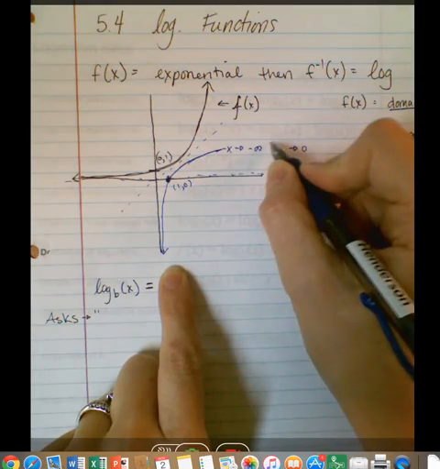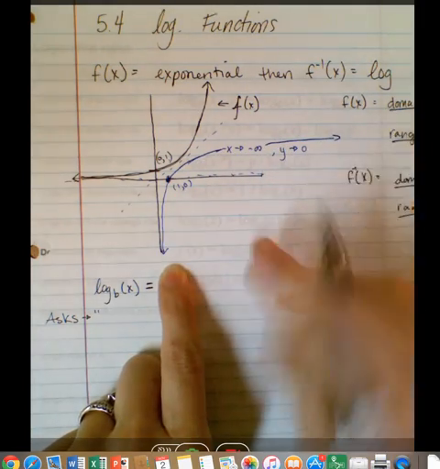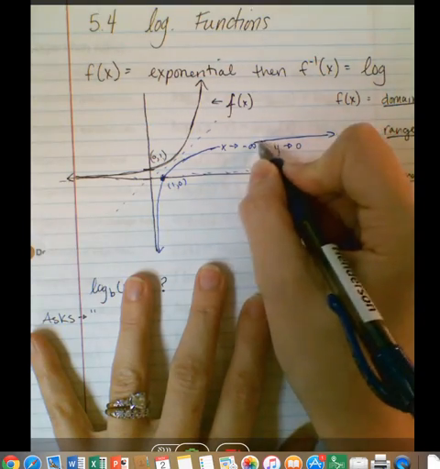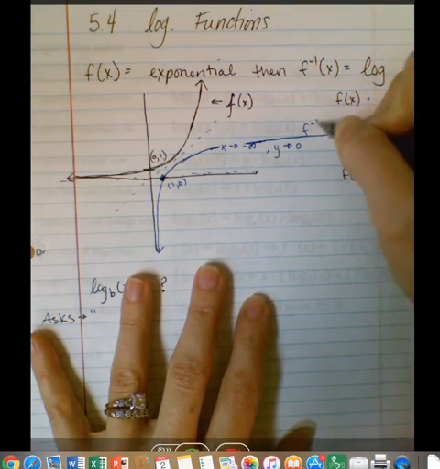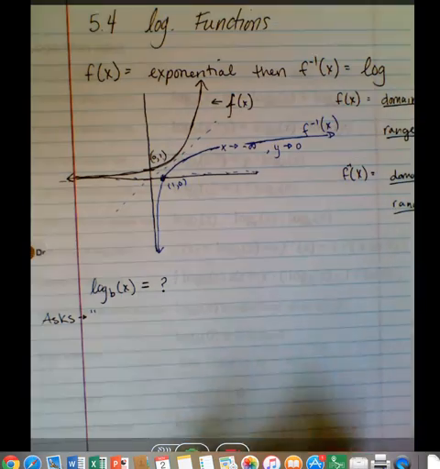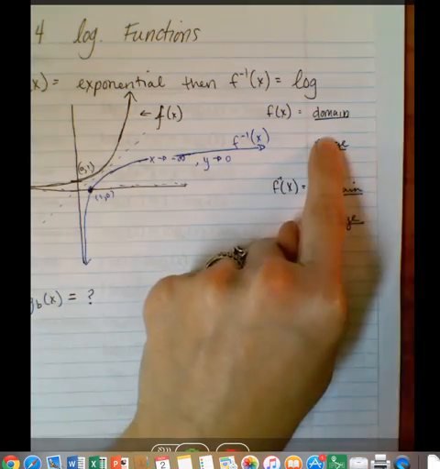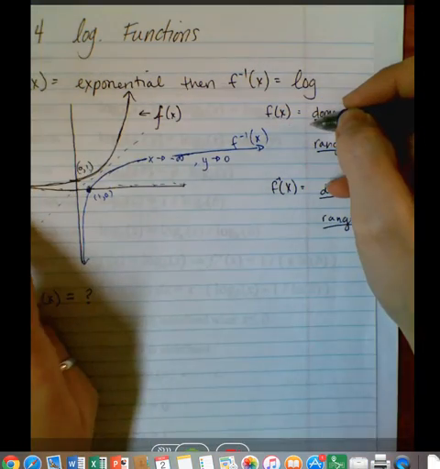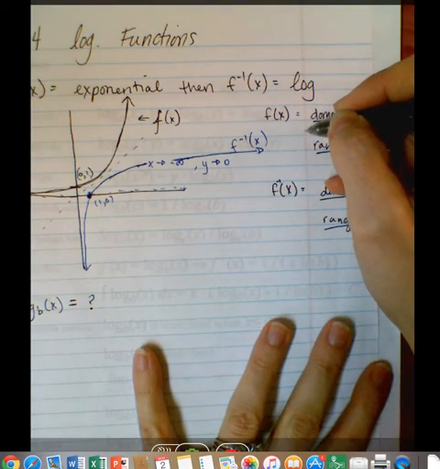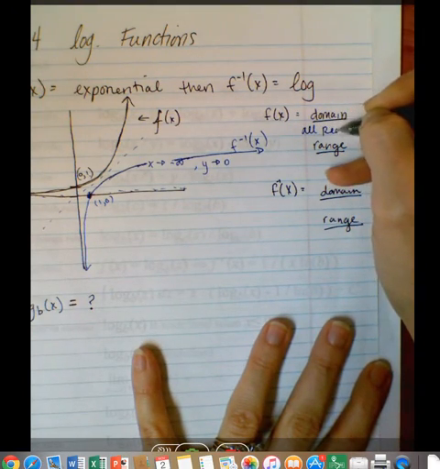And this is the inverse of f of x. Okay. So the domain here for f of x is from negative infinity to positive infinity, so all reals.